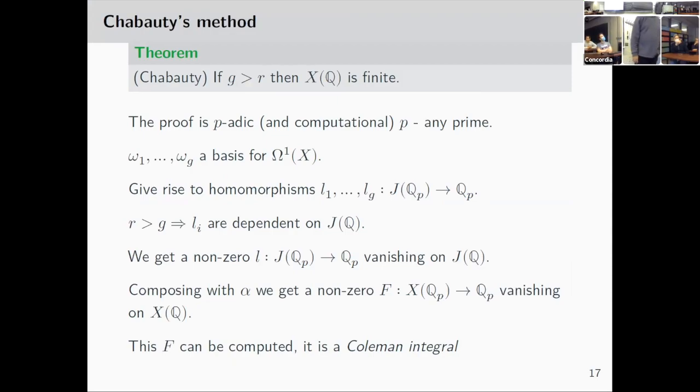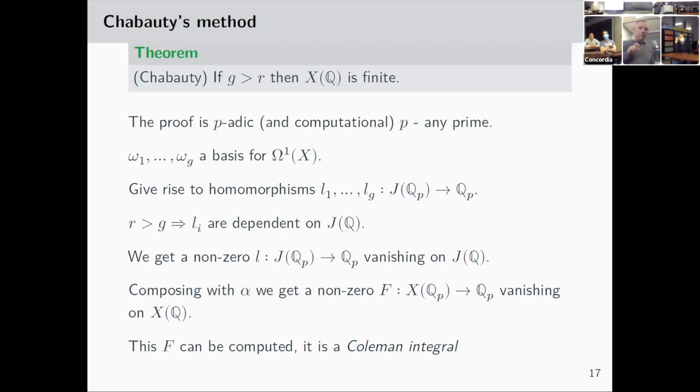So here, assuming that the rank is greater than g, you say then there's a linear relation, the Li will be dependent on JQ. Right. But in principle, that's something you could argue over the complex numbers as well, right? I mean, those are functionals, it's the same thing. So what role do the p-adics play here?